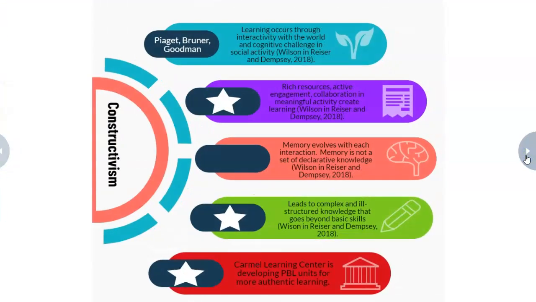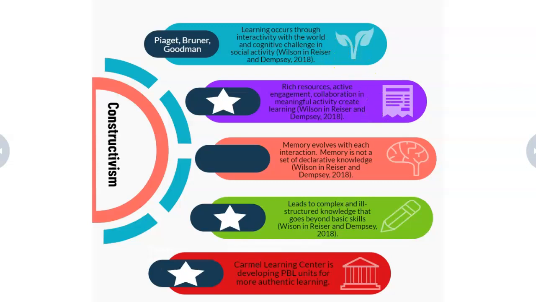As we move from situated cognition to constructivism, we find once again some of the key players. We find that learning occurs through interactivity with the world and cognitive challenge in social activity.